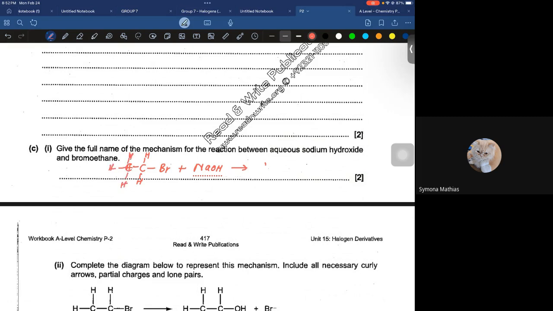It would give you OH. The type of reaction would be nucleophilic substitution.